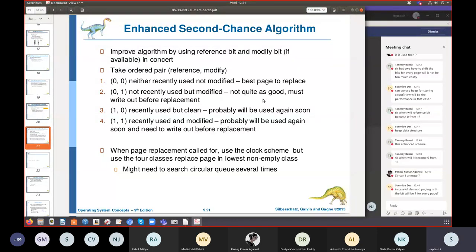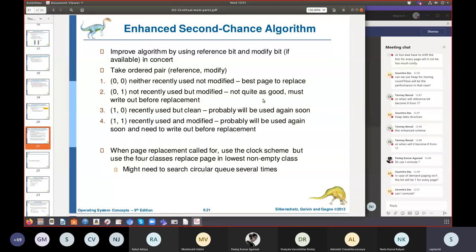That's a good point. If you are following a pure demand paging algorithm, pages are never brought into memory without being accessed. Then yes. Shomitra, unmute.